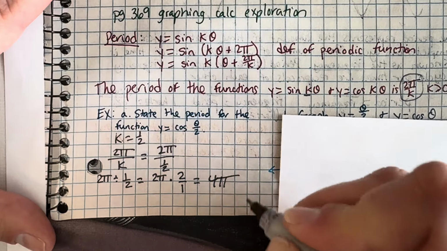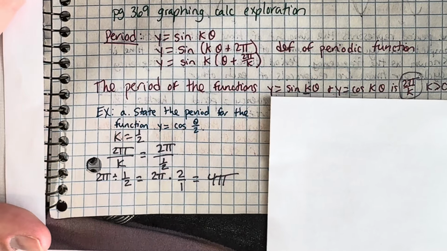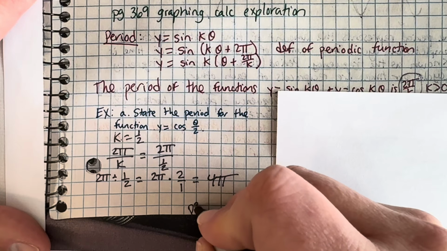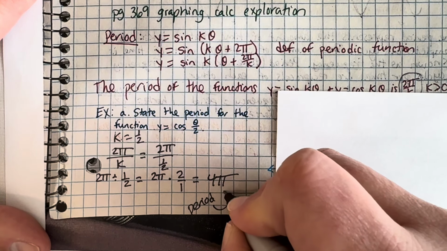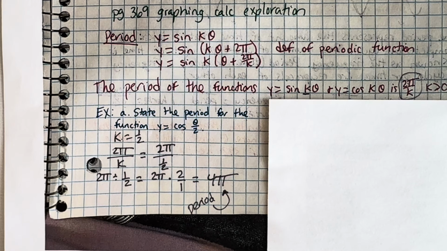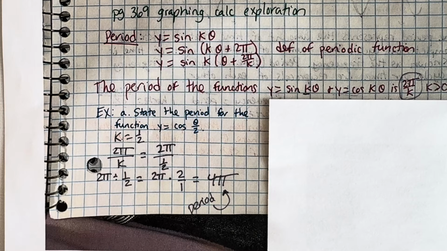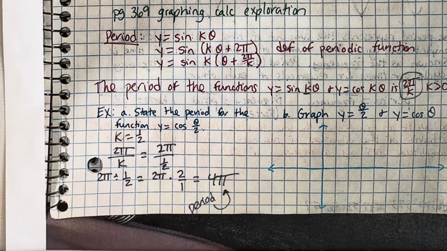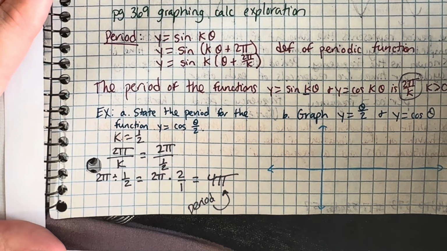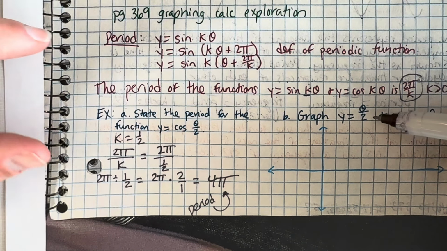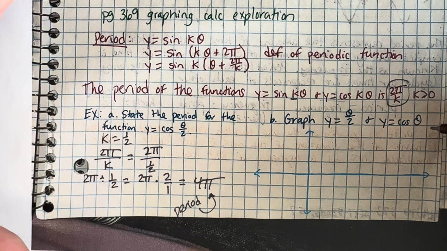So our period would be 4 pi. So that means instead of doing our cosine function in 2 pi, we would stretch it out and it would happen over 4 pi.